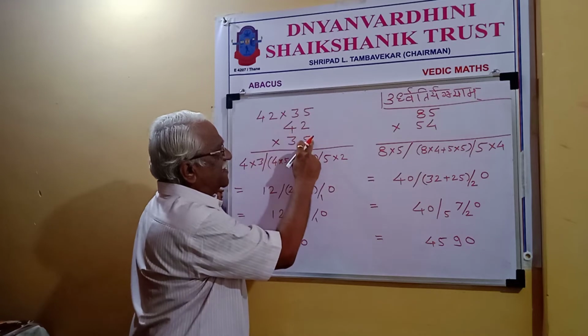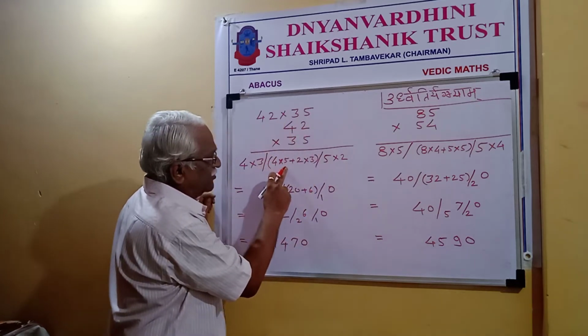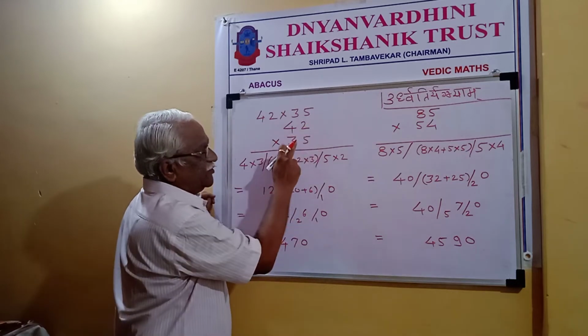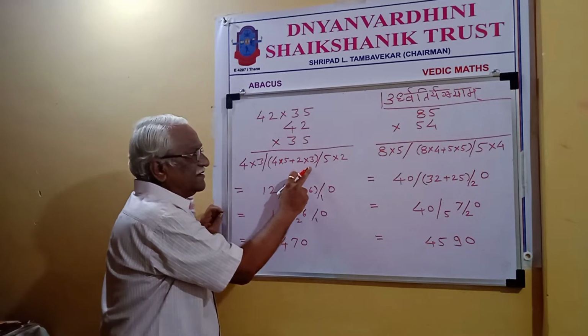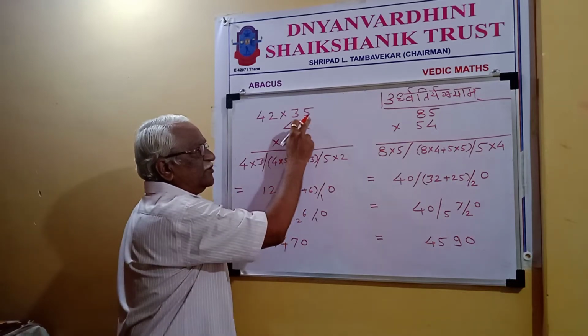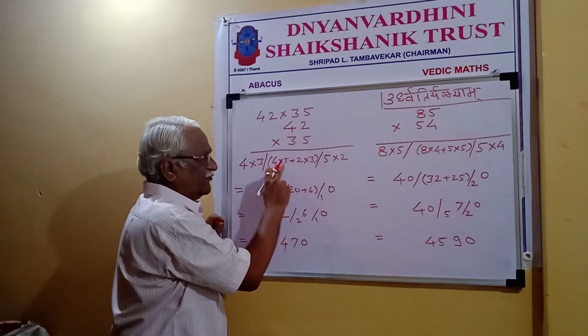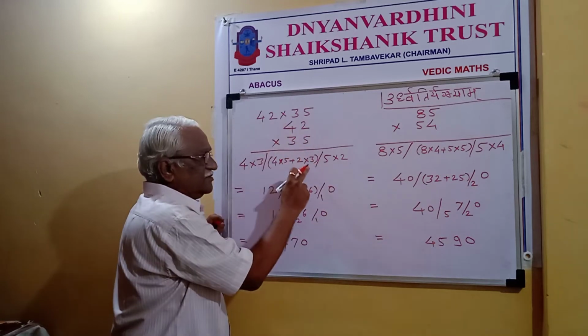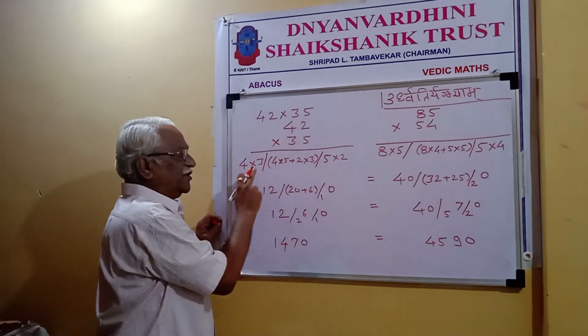Then crosswise multiplication and addition, that is 4 into 5 plus 2 into 3. Right? Have you got it? First what we have done? 5 into 2 vertically. Then crosswise 4 into 5 plus 2 into 3, slash. Again vertically 4 into 3.